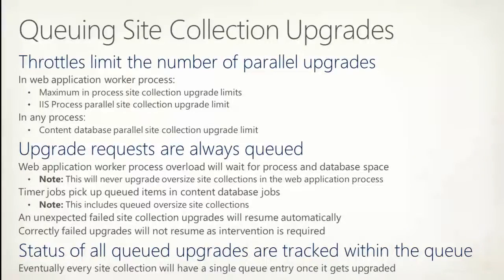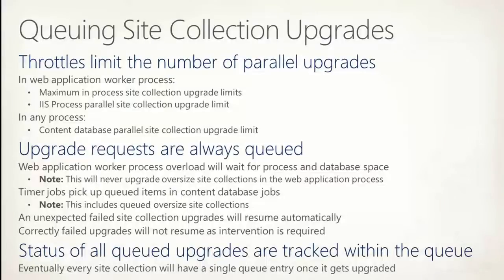And this entry, this upgrade worker item, is sitting there in this particular database, waiting for some process to pick it up. There's three possible processes that could pick it up. One, if you're in the web application and you meet all the constraint requirements for how big the site collection is and otherwise, and that there's nobody else currently using all of the throttle limit of the web app, then it can do it in process of the web application itself.